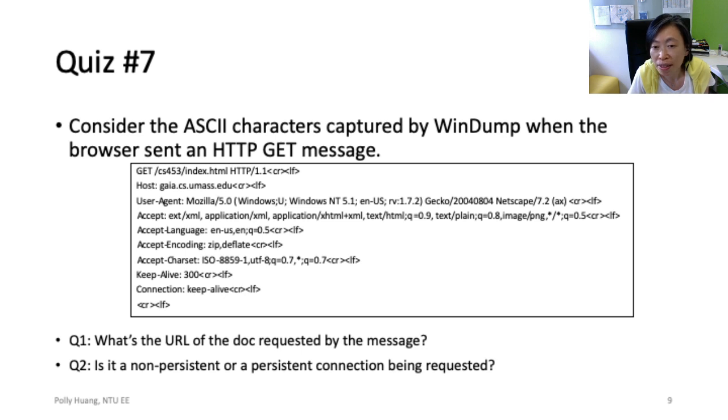So Q1 there is asking, what is the URL of the document or the object being requested by the message? Is it a non-persistent or persistent connection being requested? All right, so think about it. You have some 3 minutes to type up what you think the URL is and whether you think this is a persistent or non-persistent HTTP connection the client is requesting.